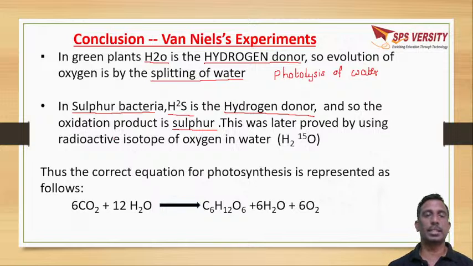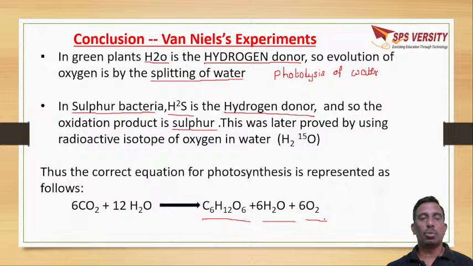So when you take the exact equation for photosynthesis in higher plants, the equation is 6CO2 plus 12H2O gives rise to 1 glucose molecule, 6 water molecules, 6 oxygen molecules. This is what finally Van Niel has demonstrated.